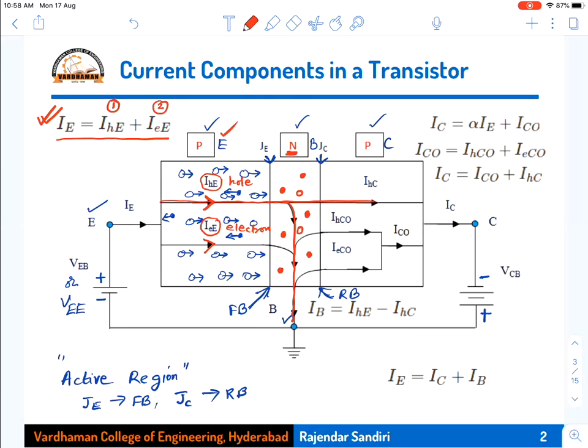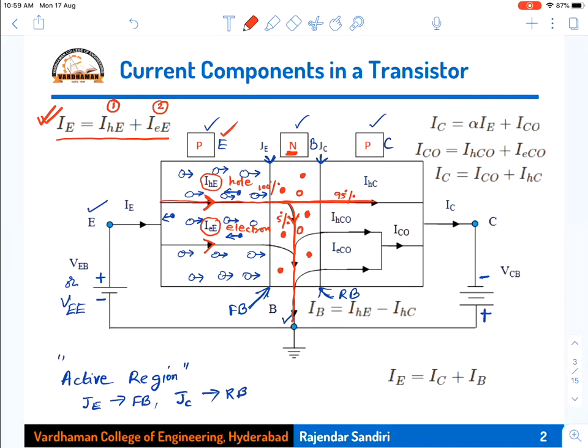So this remaining current is say 95%. 100% is coming from here, 5% are recombining here, and the remaining are going like this. So 100 holes are coming in total, out of which 5 are recombining in the base region, and the remaining are going into the collector region.